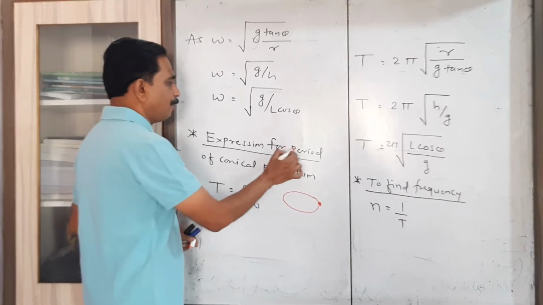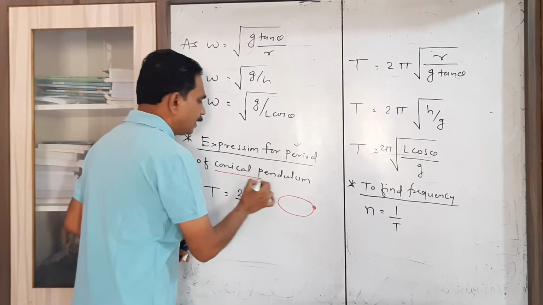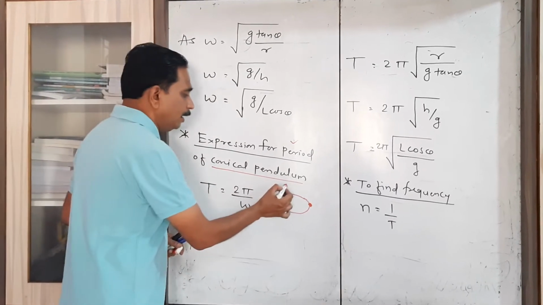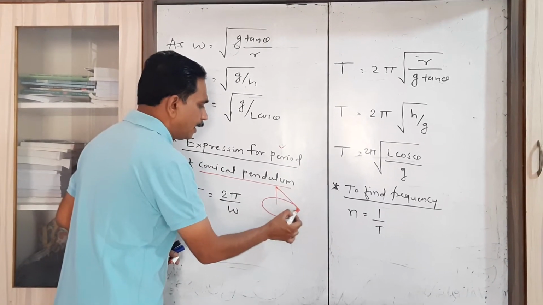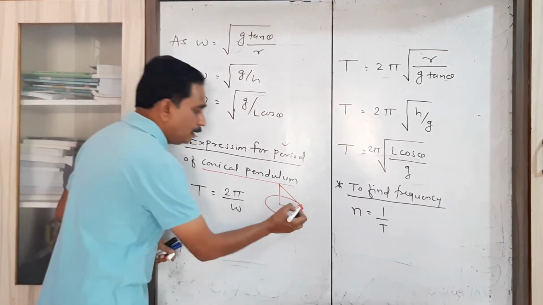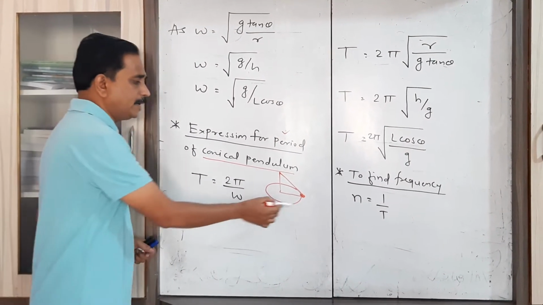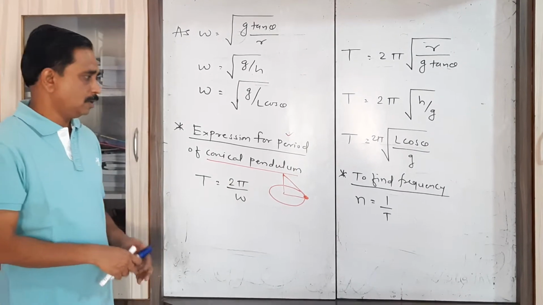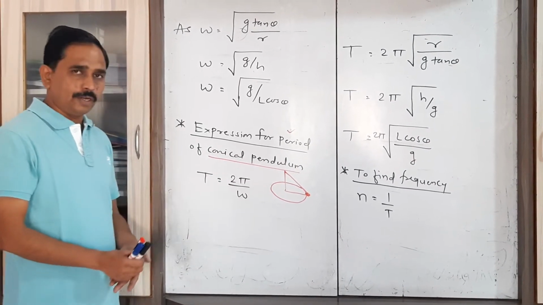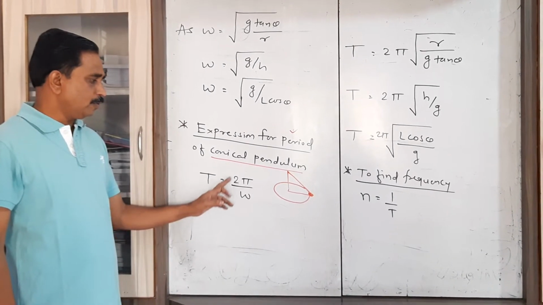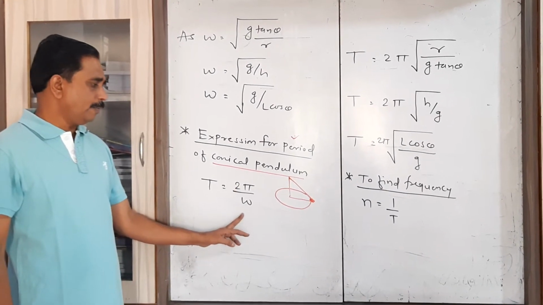Here we consider the conical pendulum, so the time taken by the heavy bob or metal sphere to complete its one revolution is called the period of conical pendulum, and it is given by T equal to 2 pi upon omega.